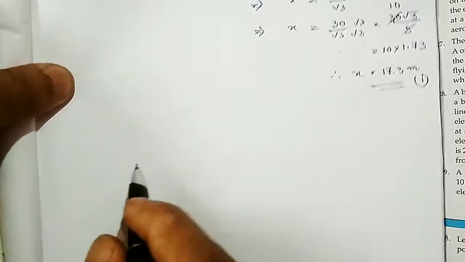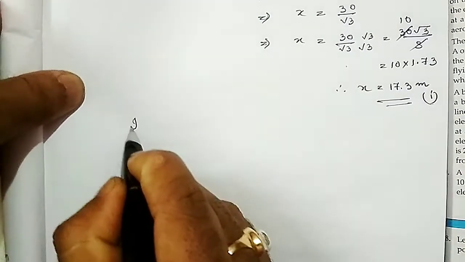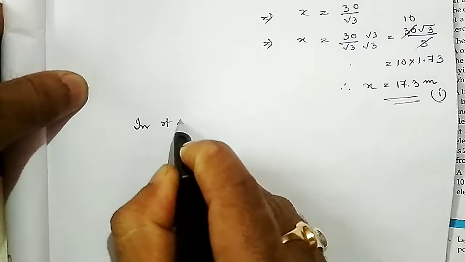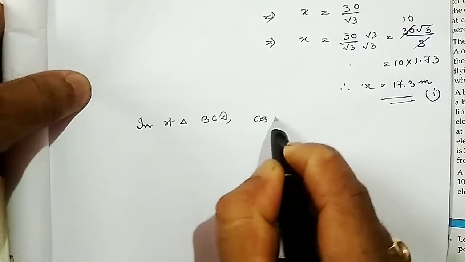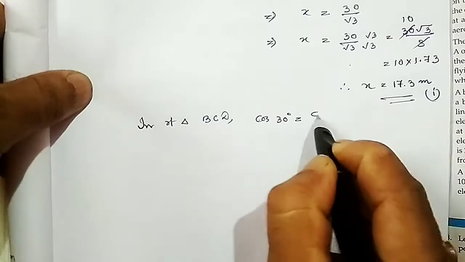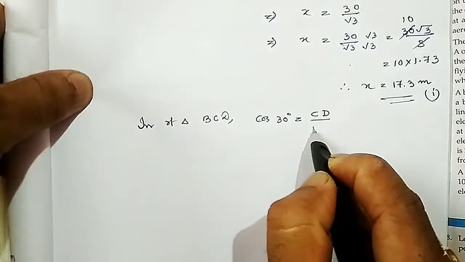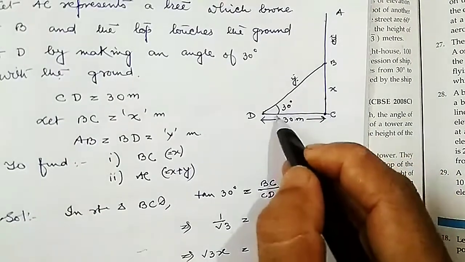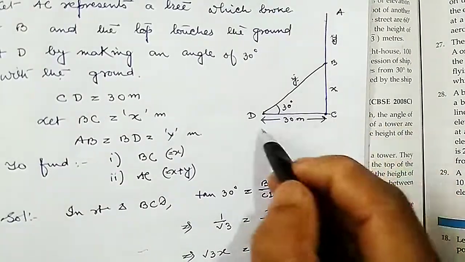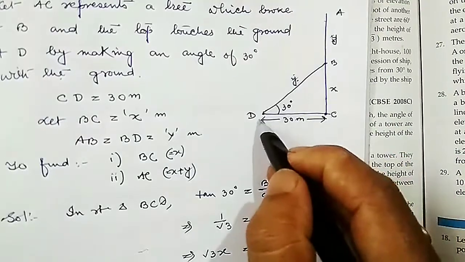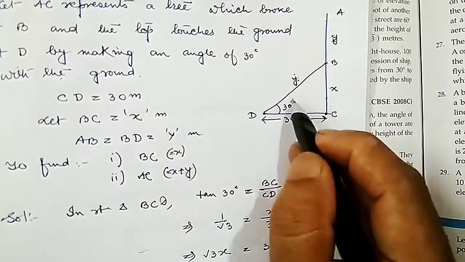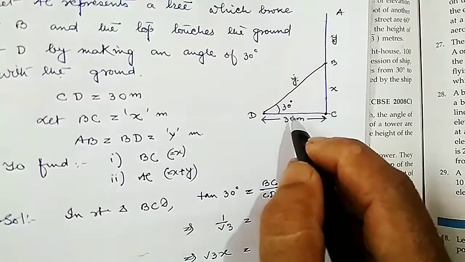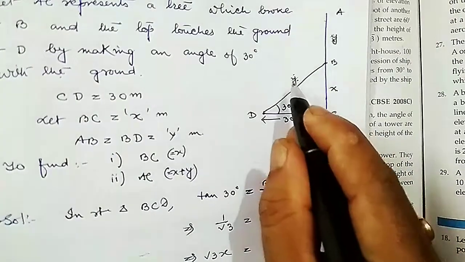So we can write here, in right triangle BCD, cos of 30 will be CD by BD. Cos theta is base by hypotenuse. Base is 30, CD by BD, that is 30 by y. In this triangle, we use cos theta because this part is given, this part is to be calculated.